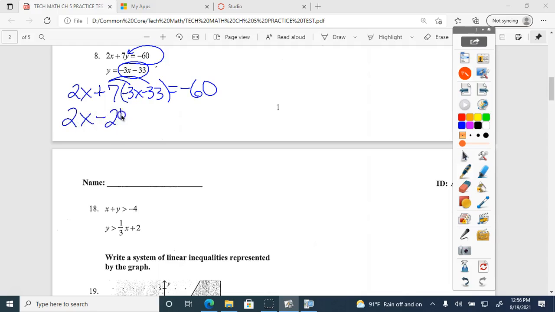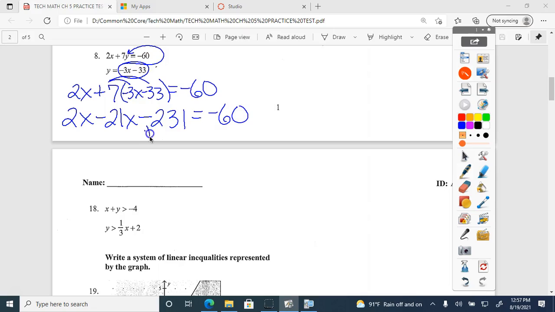2x minus 21x minus, I need your help on that one, 7 times 33. What is? 231. Are you sure? Yeah. Oh, wait. -231 equals -60.